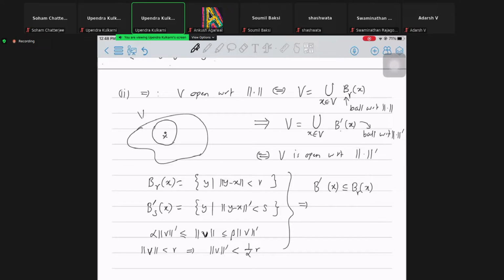Okay, so now I have confused myself. Let me slowly extricate. What this is saying is that if I have something which is in here, then it is also in where?